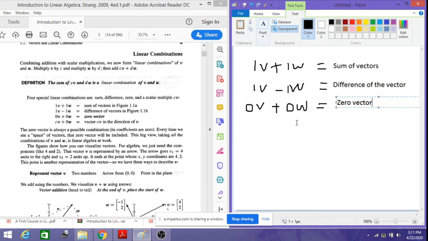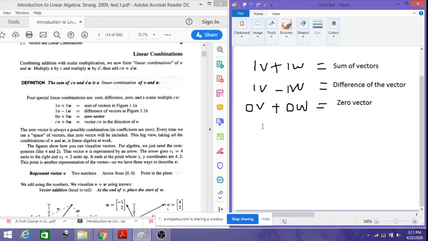So this we call the 0 vector. And the vector we see in the direction of v. Now what does this mean? For example, here I have some constant c which is multiplied to a vector v, and we have one more vector w that is multiplied with 0. It means the components of the vector w are 0, and we have only one vector, that is v, and since it is multiplied with c, this vector is increased in the same direction.